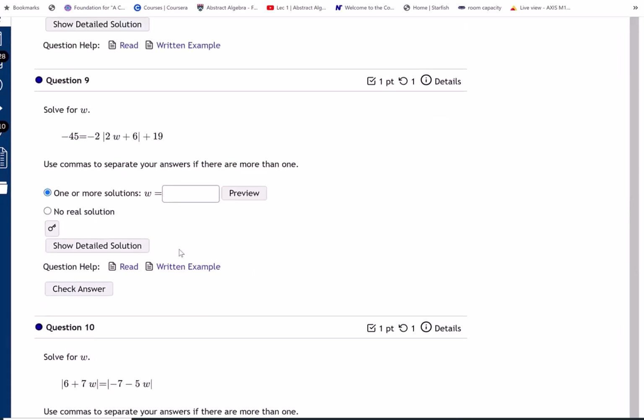All right, we have 9. I start with -45 equals -2 times the absolute value of 2w plus 6, plus 19. Some of you might have a tendency to say 45 is negative, so it's got to be no solution. But you can't always say that. You have to first solve for the absolute value.